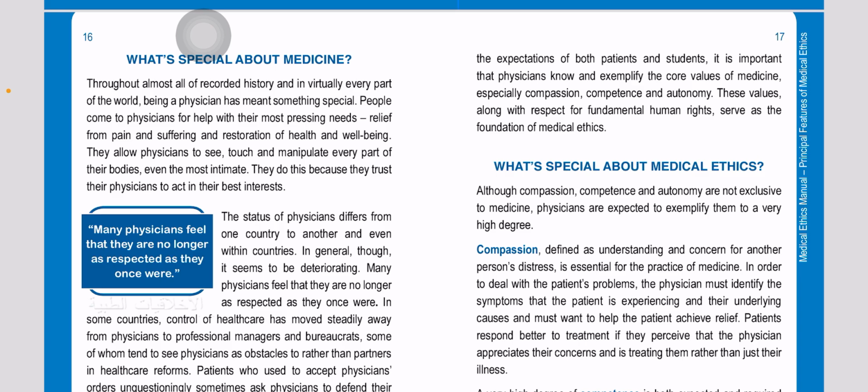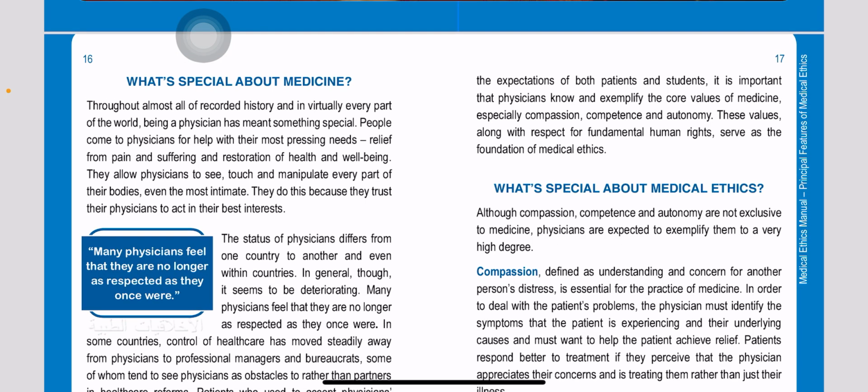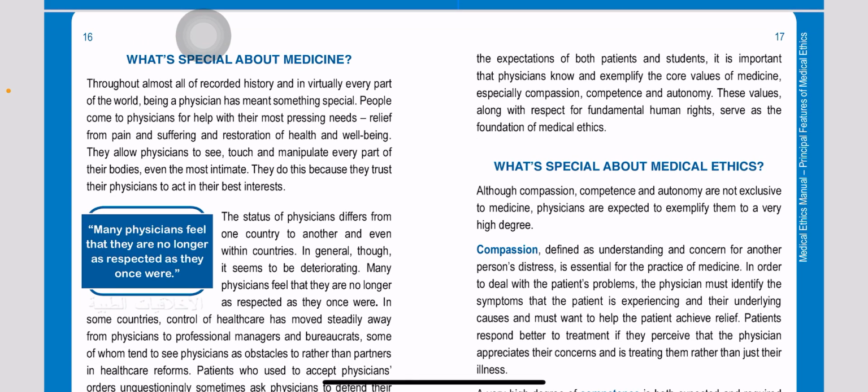As doctors, it is incumbent upon you to help your patients regain not just the physical aspect, but the entirety: the physical, the emotional, the mental. Your concern in treatment should be holistic.